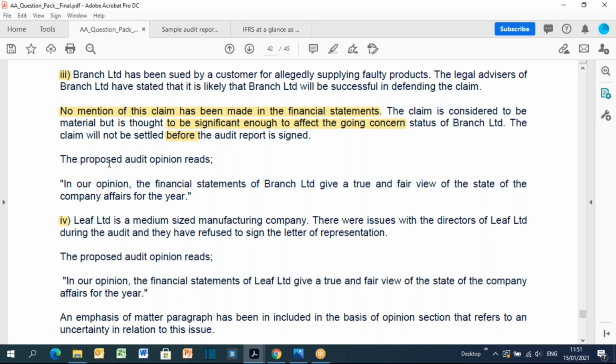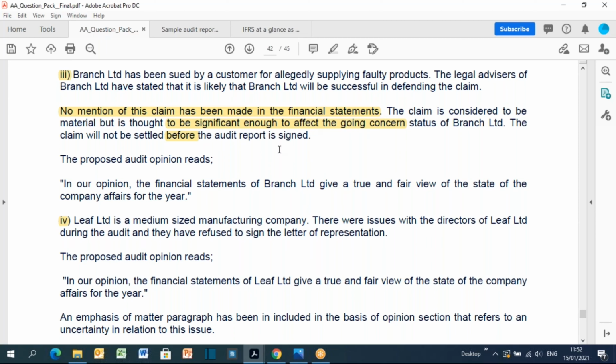So first of all, you should say in the answer that the opinion was unmodified, but the management included no mention of this in the financial statements. Therefore, the auditor should not include a paragraph named material uncertainty related to going concern. But in this case, because the claim is considered to be material and is thought to be significant enough to affect the going concern, management should include the note.